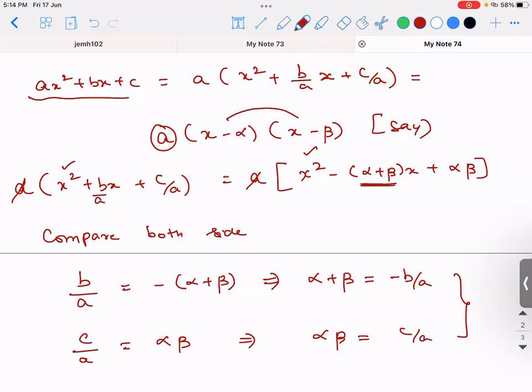Are you able to understand? There is a shortcut to write this also. Every time you need not sit and do it, but I'm trying to explain the way. Others, you can copy this.